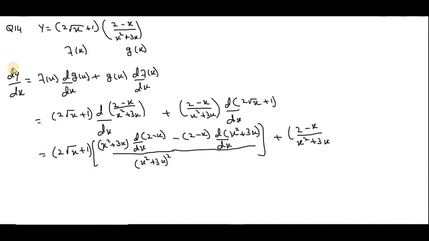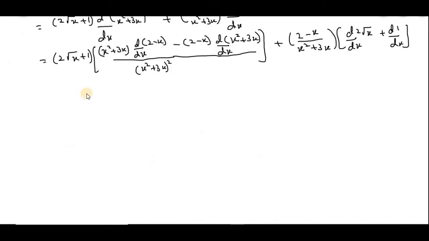plus 2 minus x over x square plus 3x, and applying here the sum rule, d by dx 2 under root x plus d by dx 1.